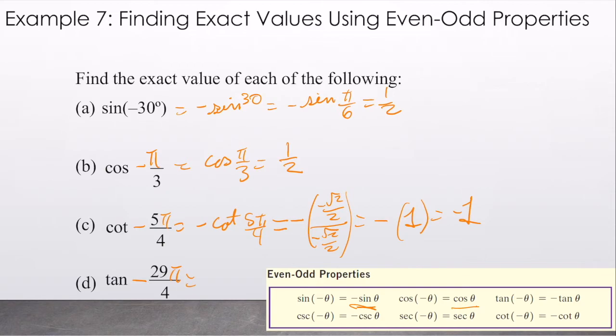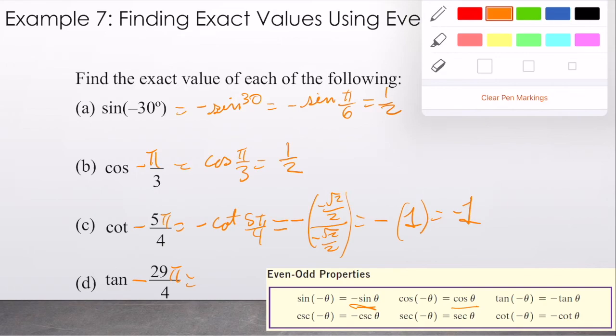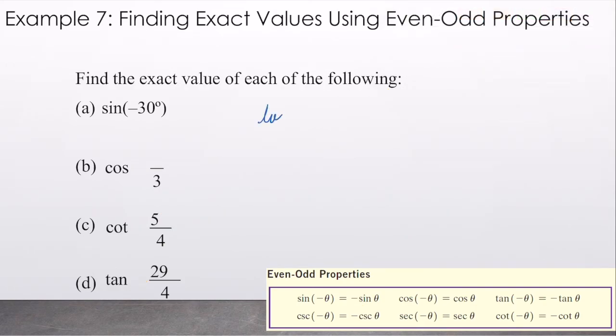Last but not least, if I have the tangent of negative 29 pi over 4, we're going to pull out some factors of pi. Let's change colors and give us some room. The tangent of negative 29 pi over 4 becomes negative tangent of 29 pi over 4. How many times does 4 go into 29?